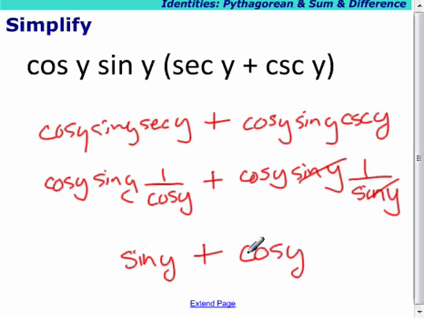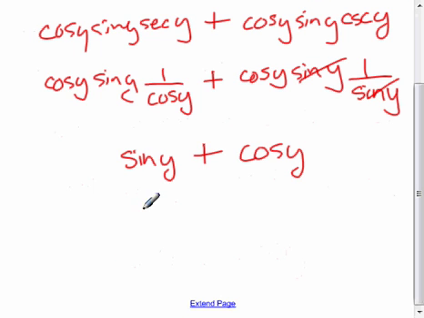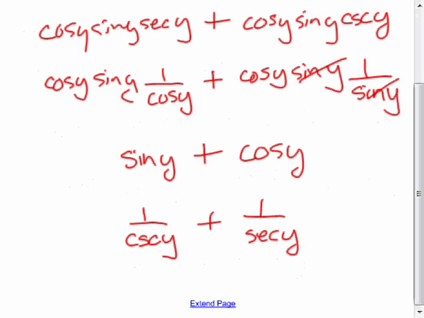Now at this point I do have two trig ratios, but there's nothing really I can do with sine and cos. I could change sine to 1 over cosecant y, and this one could be 1 over secant y, but those aren't a common denominator. I couldn't get those together anyway.